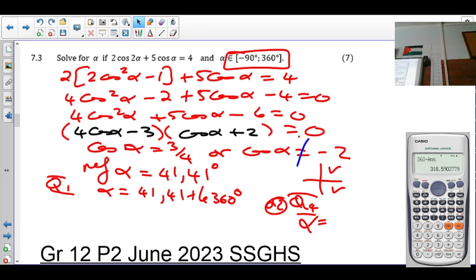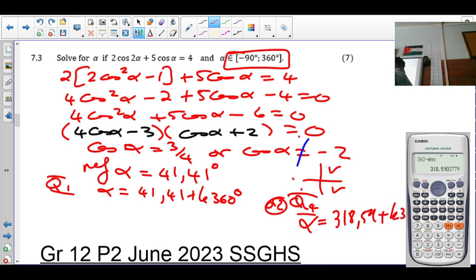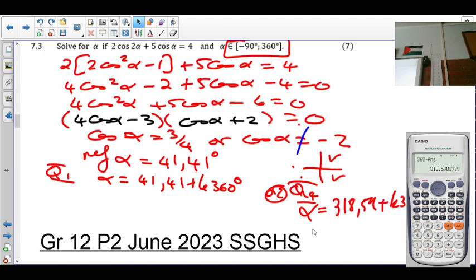Gives you 318.59 plus k times 360. K is an element of integers, not needed here because our final answer is not in that format, but safer for you to write it.